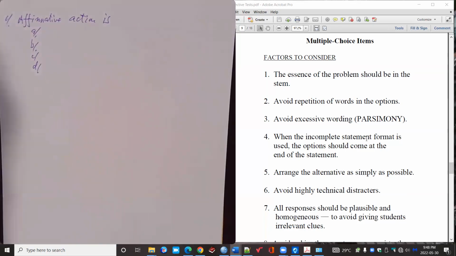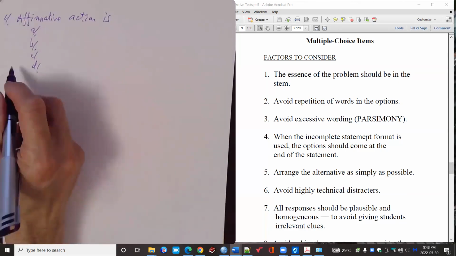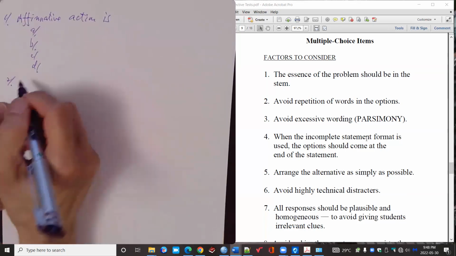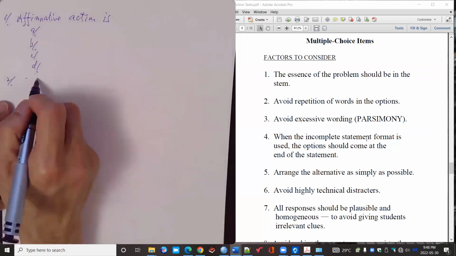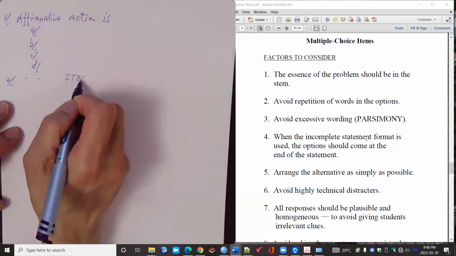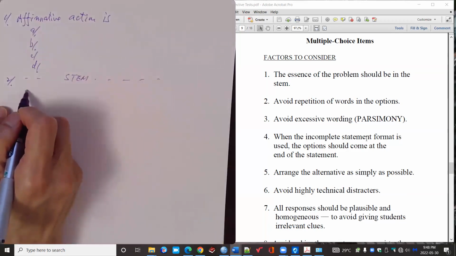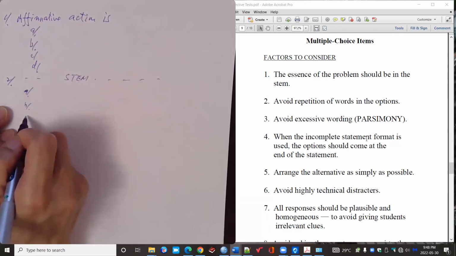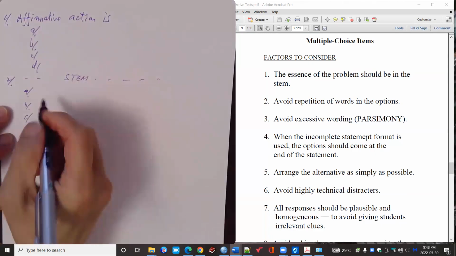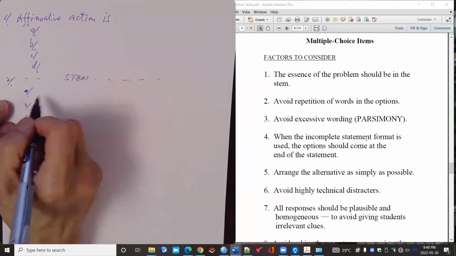Say you have the stem here, okay? Then you have A. Let's say.